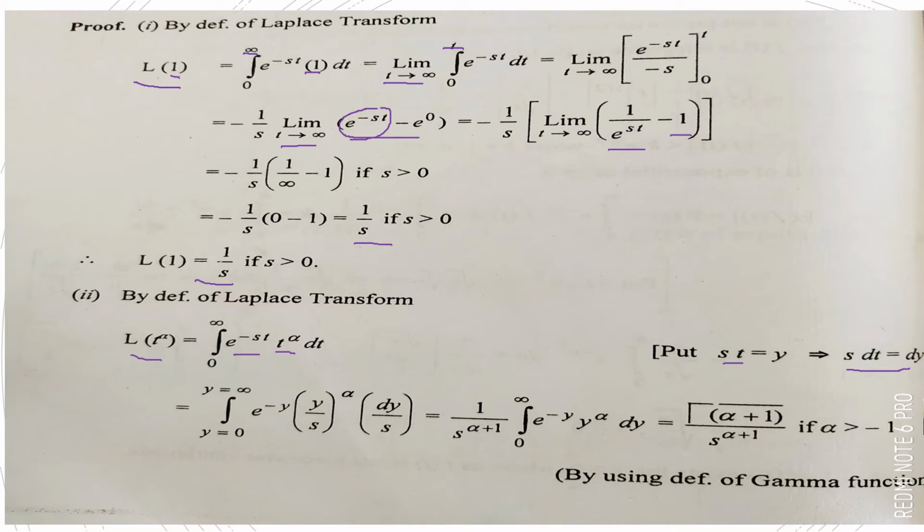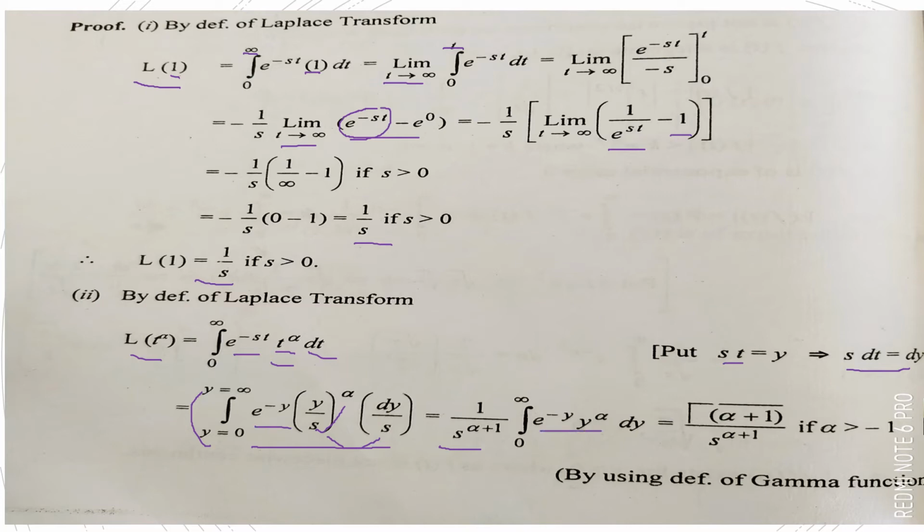Here we have put the value of t and dt, so it changes into this form. The limits also change in terms of y, 0 to infinity. Now we have s raised to alpha and only a single power of s. So take it common and it remains only e raised to minus y and y raised to power alpha.